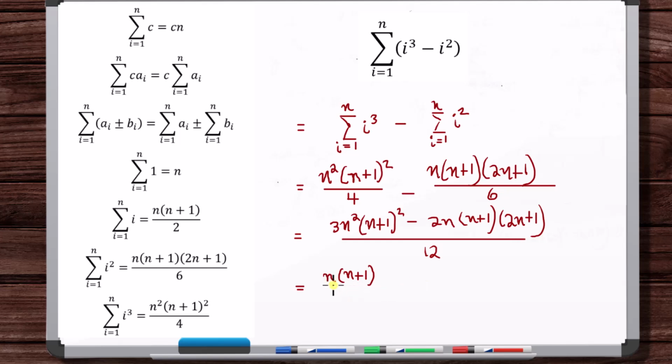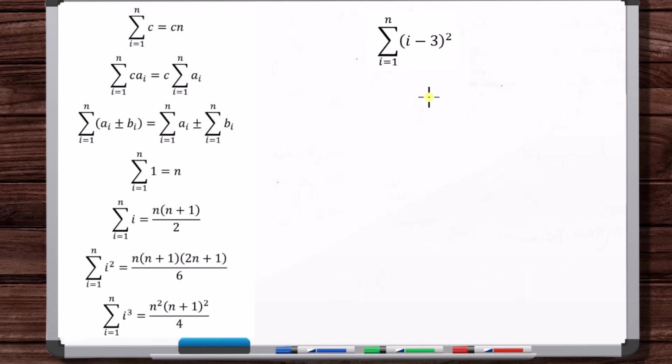So now we get n plus 1, or no, 3n minus 2. You could argue which one's cleaner. Either answer's fine.